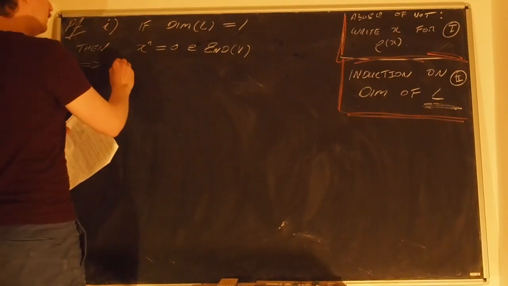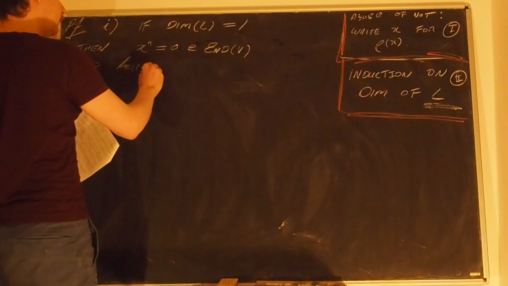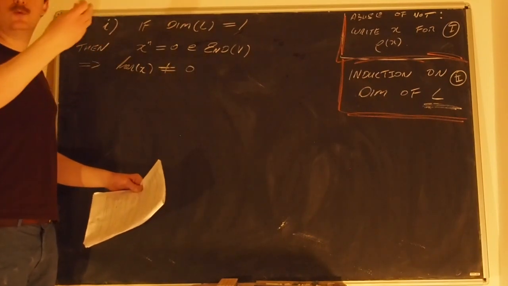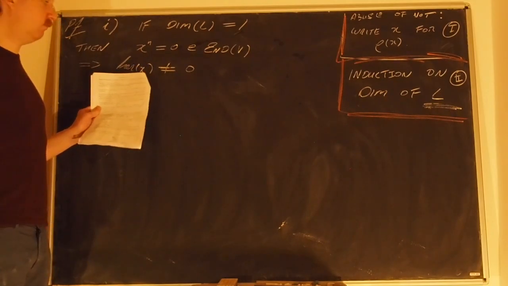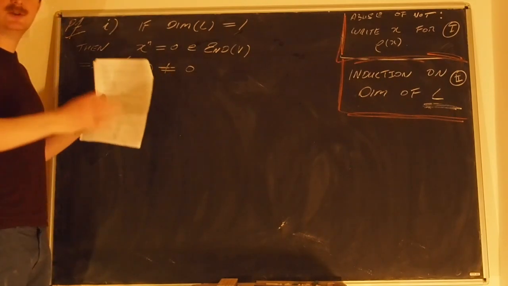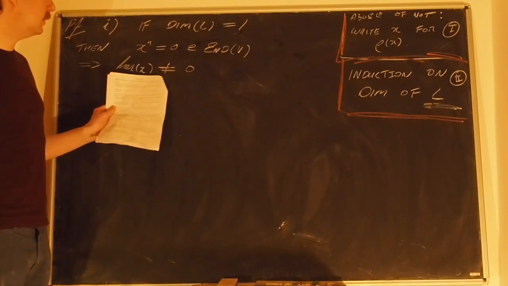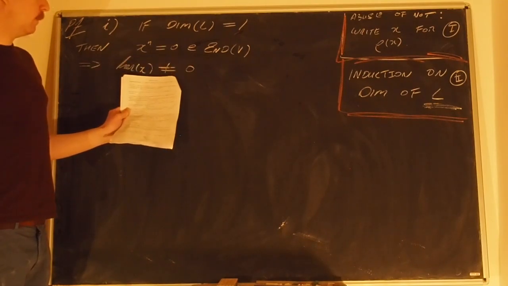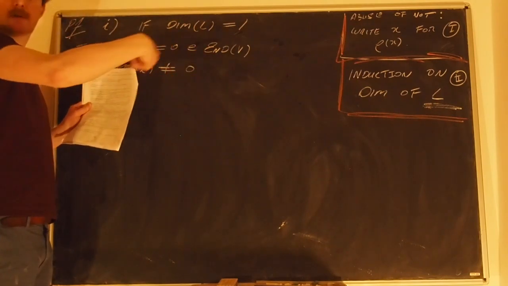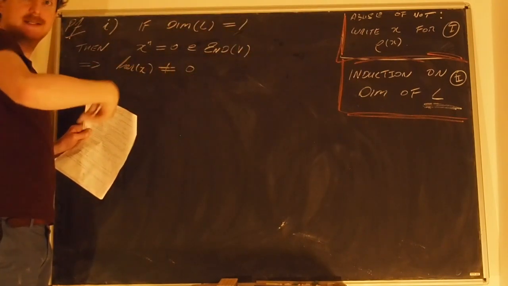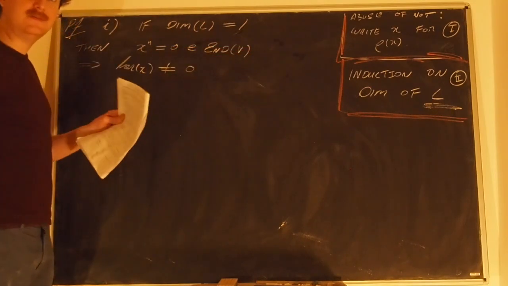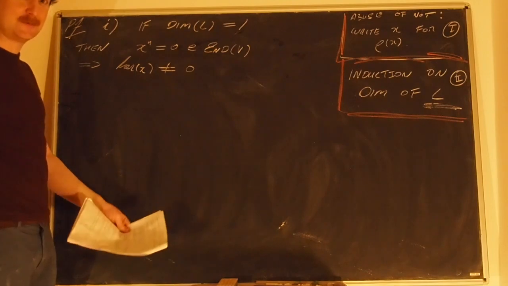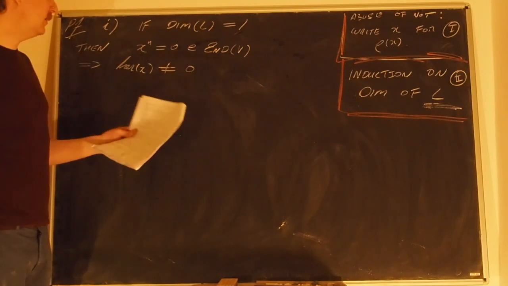But then, of course, this implies that the kernel of x is non-zero. Because if the kernel were 0, then we'd have an isomorphism, dealing with finite dimensional vector spaces, and then this could never happen. Eventually it has to kill things, because if it didn't, it would be an isomorphism, and no matter how many times you compose an isomorphism, it's still an isomorphism, i.e. it's never going to be 0.